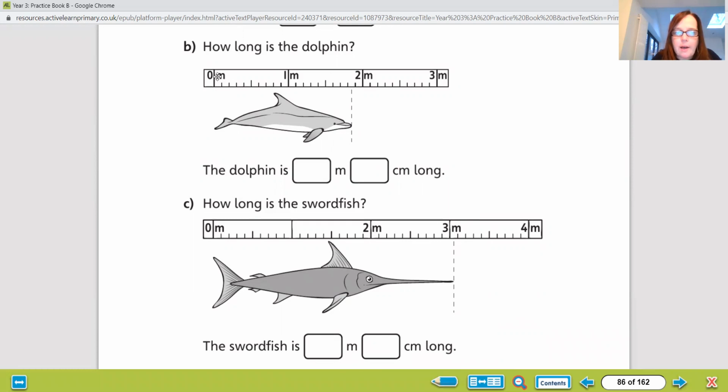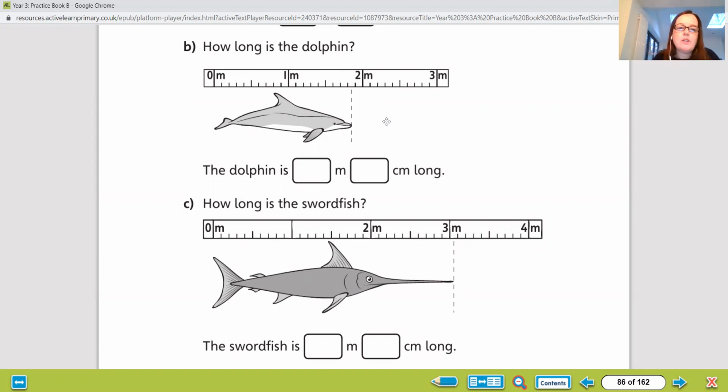And again, we've got our big ruler in meters, and we need to count the divisions again. 1, 2, 3, 4, 5, 6, 7, 8, 9, 10. Well, we know if it's in a meter and there are 10 gaps between, that each one of those gaps is 10 centimetres. So we know that.